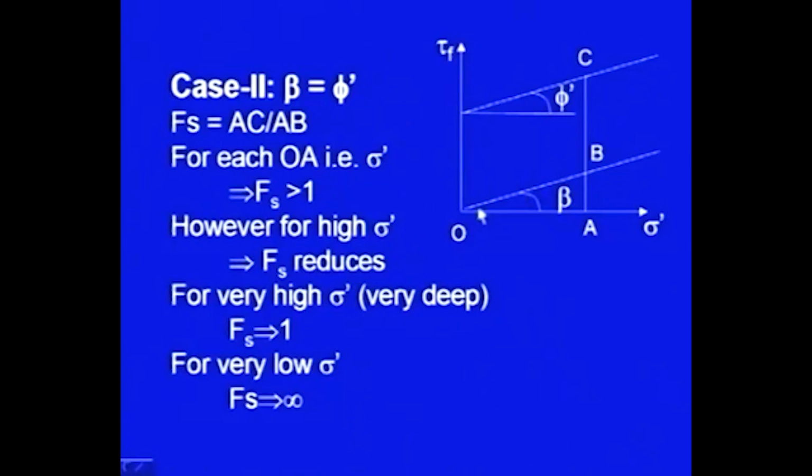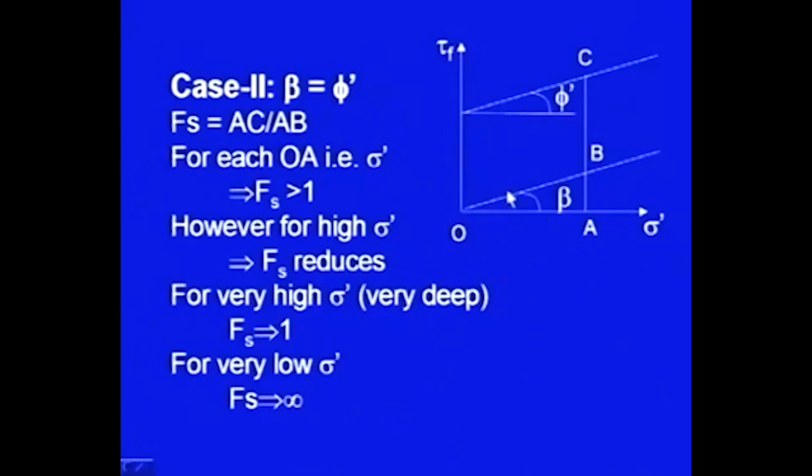And when sigma dash becomes smaller and smaller, if you take a point somewhere here, then this ratio is very large, and theoretically if I take sigma dash equal to 0, then this factor of safety in fact becomes infinity.